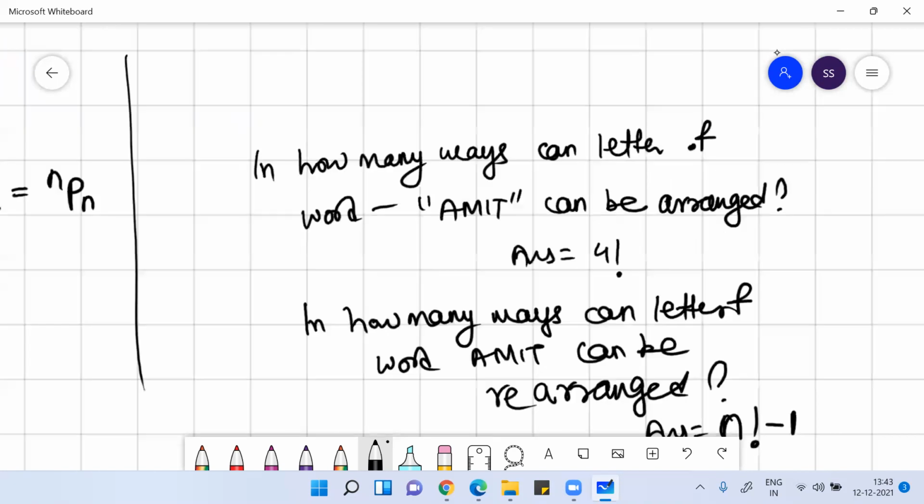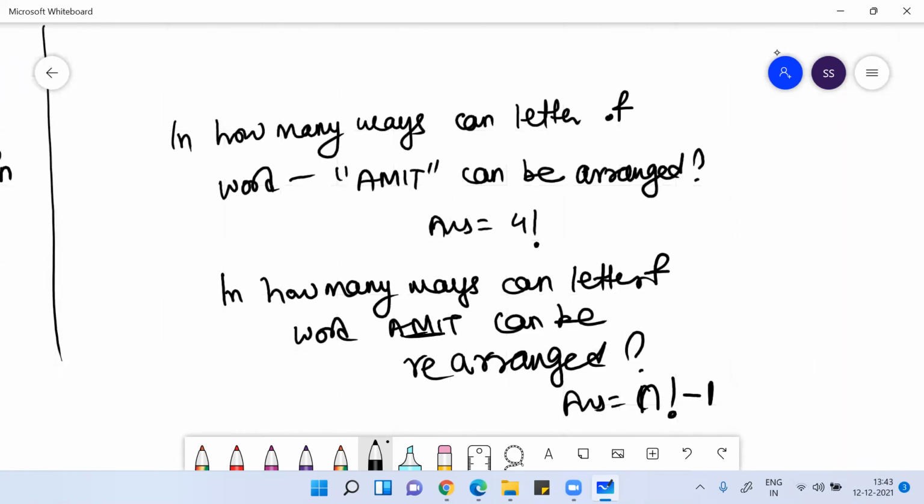Why minus 1? Because there I'll not consider the sequence AMIT. Except AMIT, tell me the other sequences. That means rearrangement. You are getting it? So in this case, it would be 23 ways. So always remember, whenever I use the word rearrange, it is n factorial minus 1.